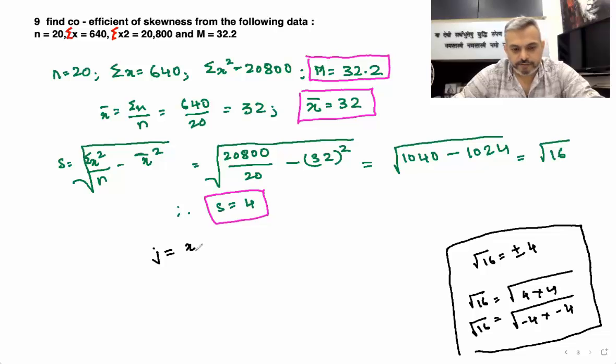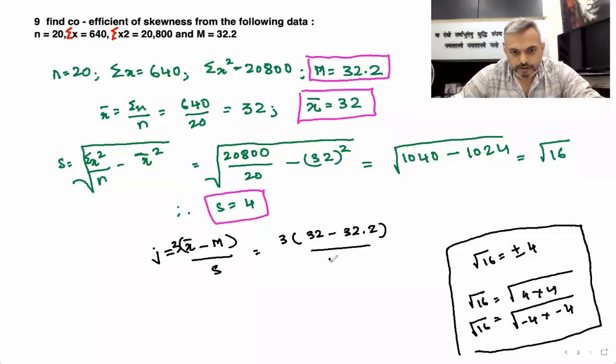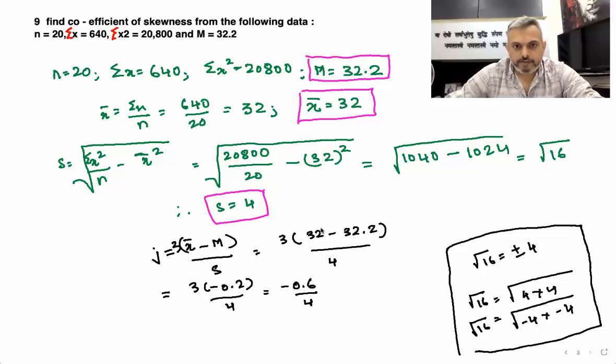J is equal to 3 in the bracket x bar minus m upon s, which is equal to 3 into 32 minus 32.2 upon 4, which is equal to 3 into minus 0.2 upon 4, which is equal to minus 0.6 upon 4, which is equal to minus 0.15.